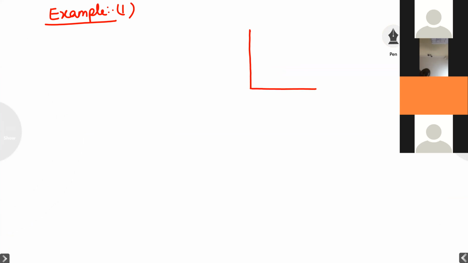This is a right triangle. Now we know Pythagoras theorem.